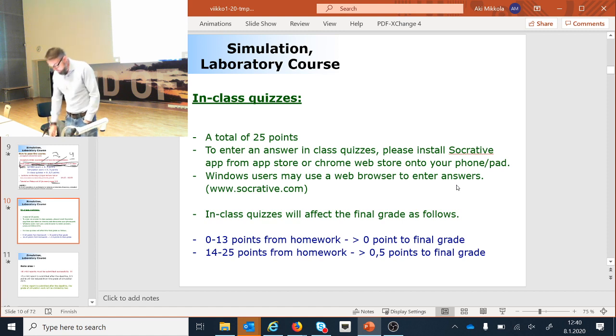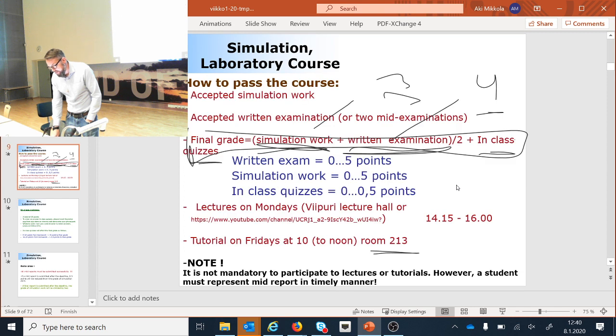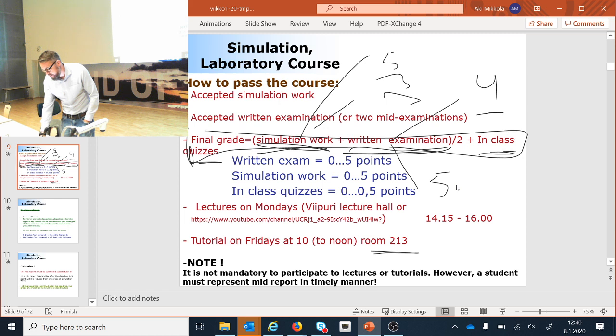Keep in mind that theoretically it's possible to get 6 out of 5 from this course. You get a 5 for simulation work and a 5 for the written exam, the average will be 5, and then the in-class quiz adds 0.5, so theoretically 6 out of 5. That's not going to happen. So 5 out of 5 is the maximum.